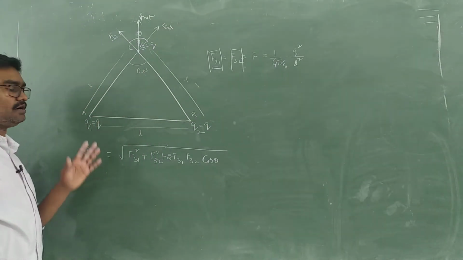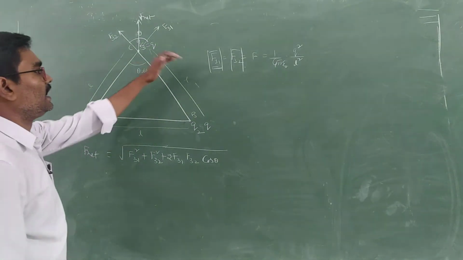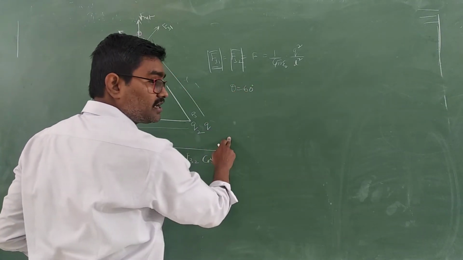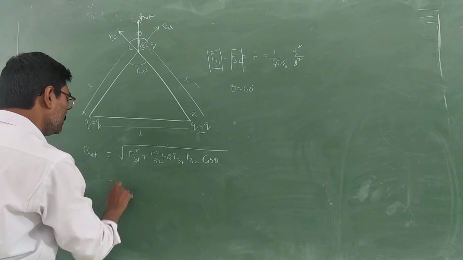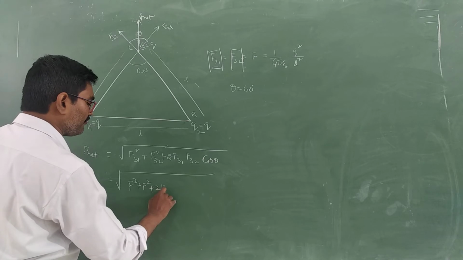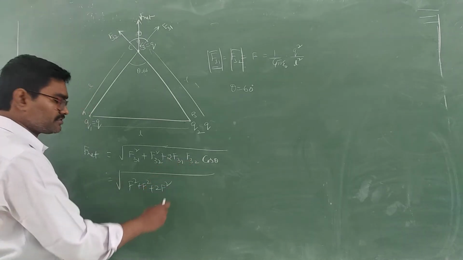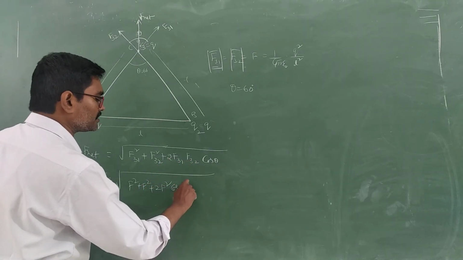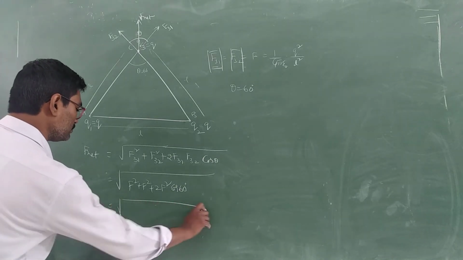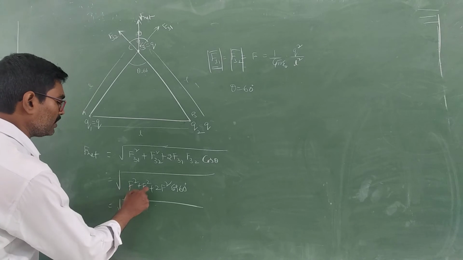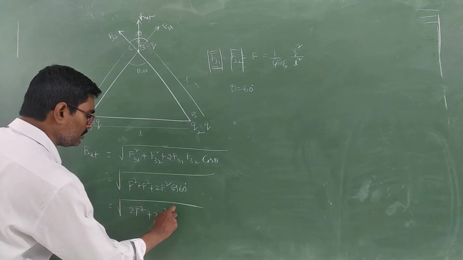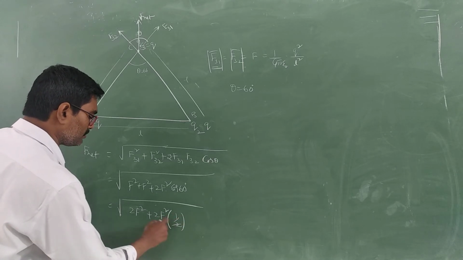Now if theta is equal to 60 degrees for the equilateral triangle, then substitute: square root of F square plus F square plus 2F into F cos 60. Cos 60 is 1 by 2, the 2 cancels.